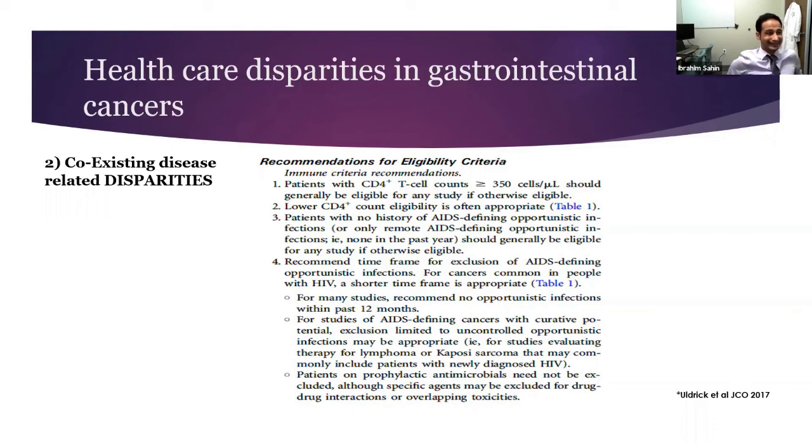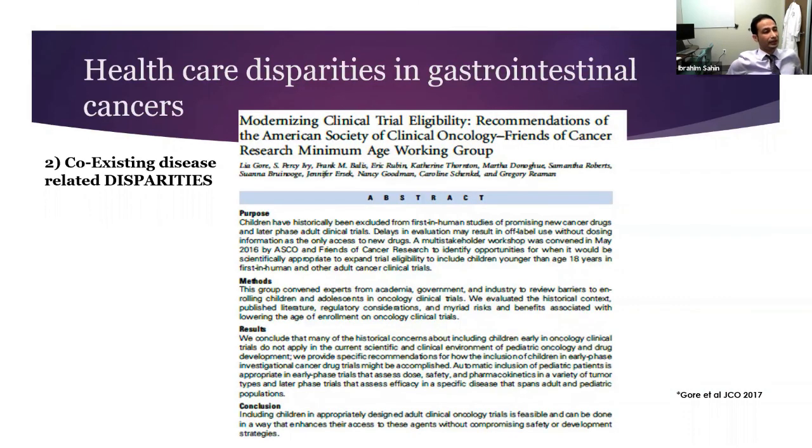So now we are understanding and recognizing there are several types of disparities. Another one that is still not that well recognized as a challenge is the age group of patients that we treat in cancer, and that includes gastrointestinal, but especially for children, where we see probably other types of cancer, unfortunately the trials are not including them because of concerns.